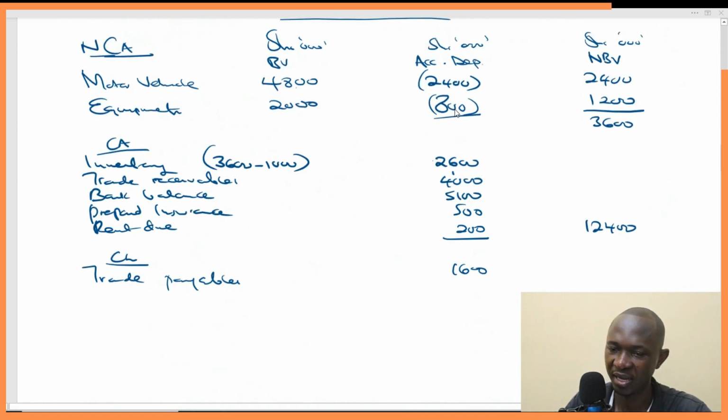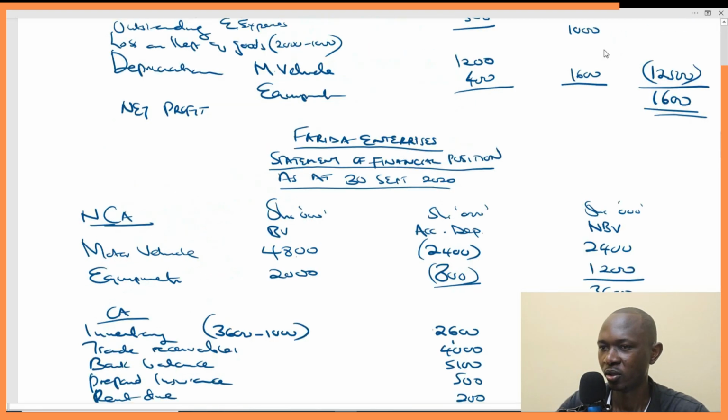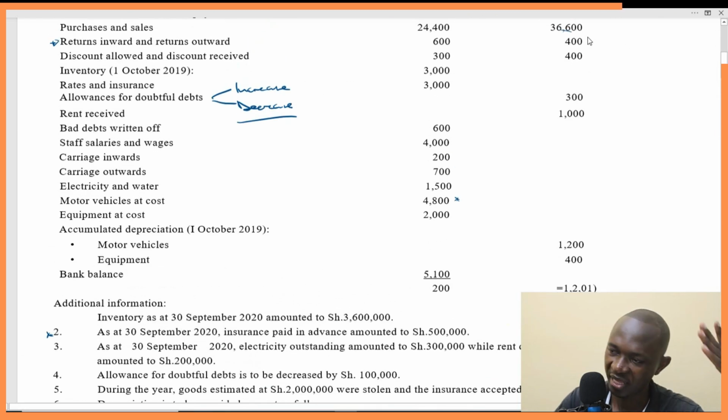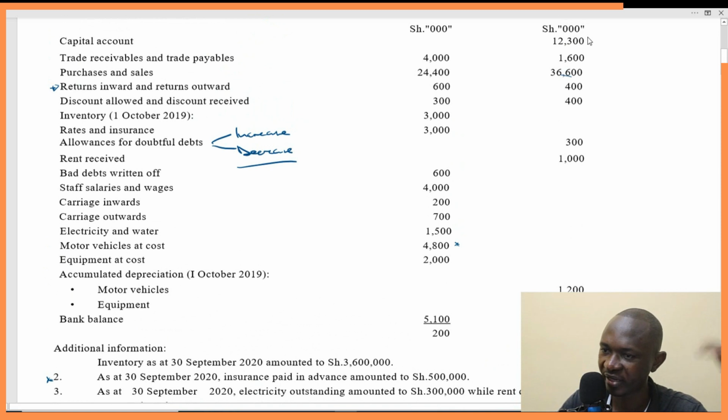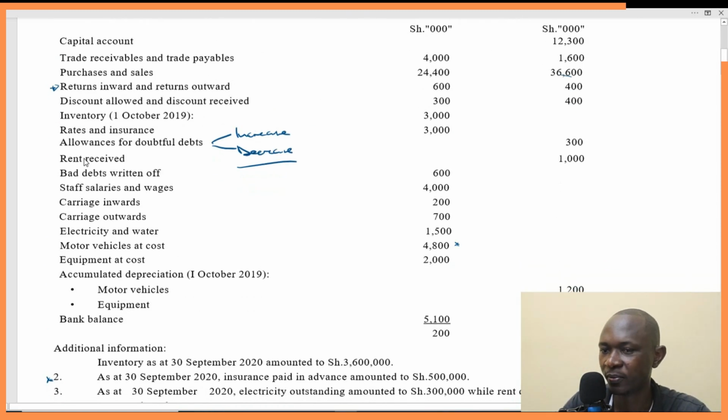It was decreased from 300 to 200. So the allowance for bad and doubtful debts is 200. Not 300, not 100. Remember the other side we were interested in the reduction, and then here the new figure. So that is the difference. And then let's move on.